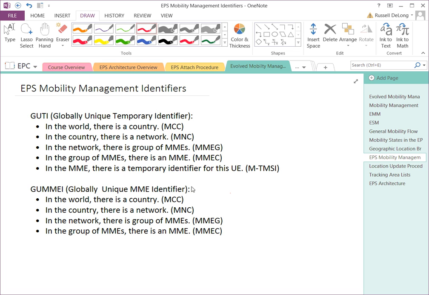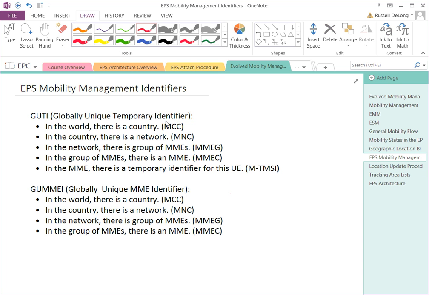Because you're tying it down to a specific MME in a specific group in a specific network in a specific country, at the Earth level, you can say it should always be unique, just by virtue of tying all these identifiers together.